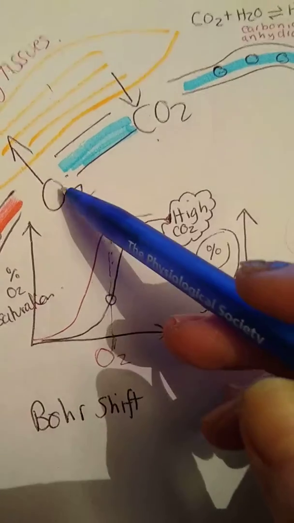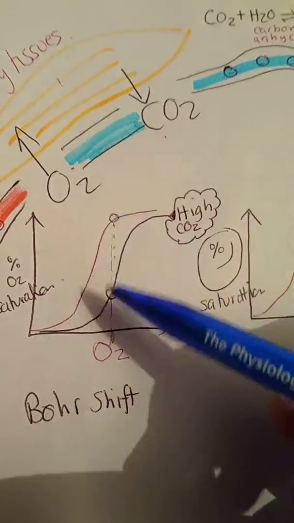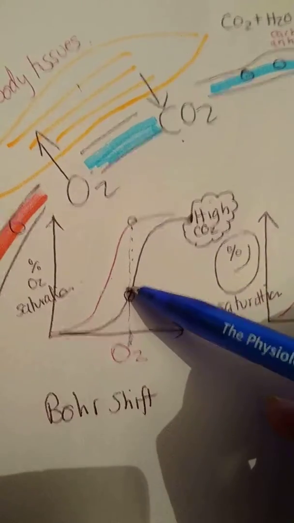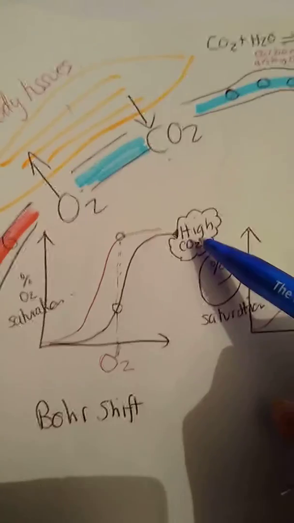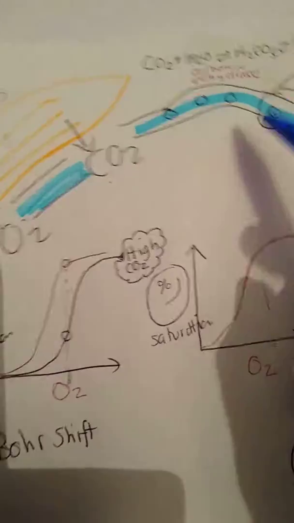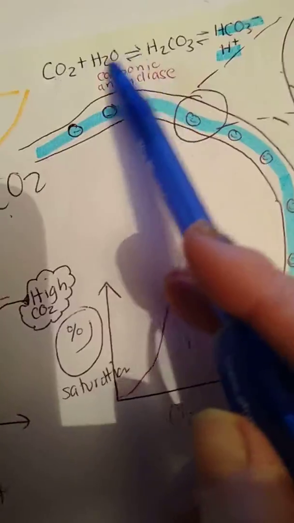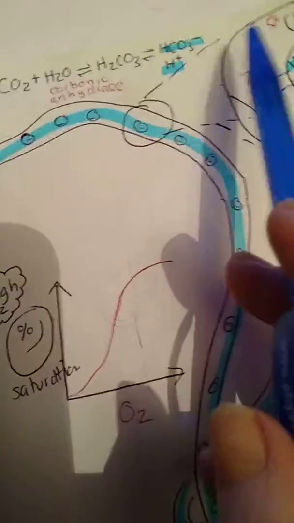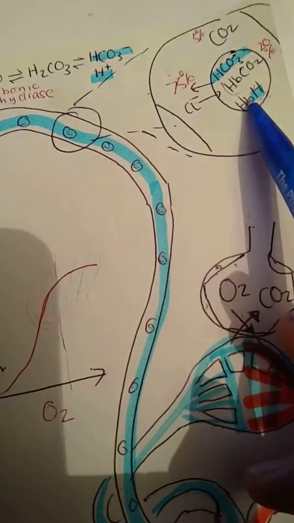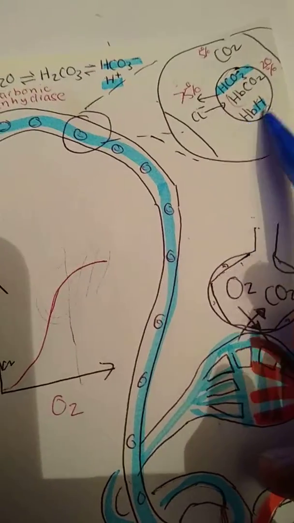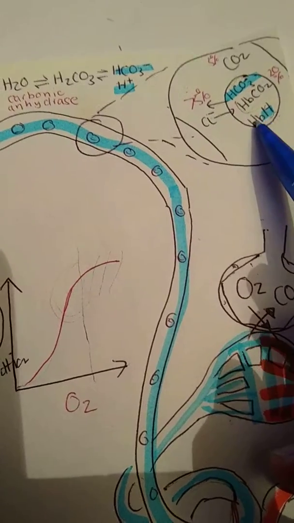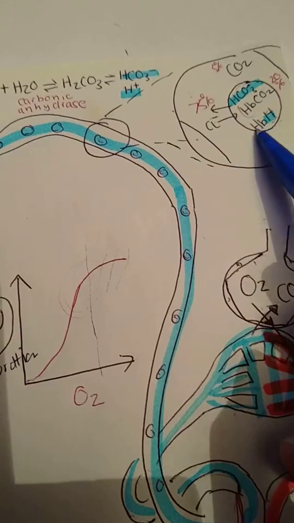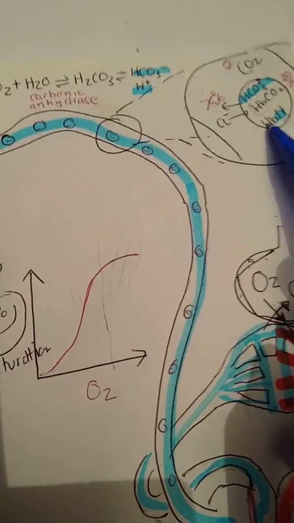So we tend to offload the oxygen at this point because we've got high carbon dioxide, and the reason for that is when the carbon dioxide dissociates into its ions, those hydrogen ions combine with hemoglobin and change its shape, which means it competes with oxygen for the hemoglobin.